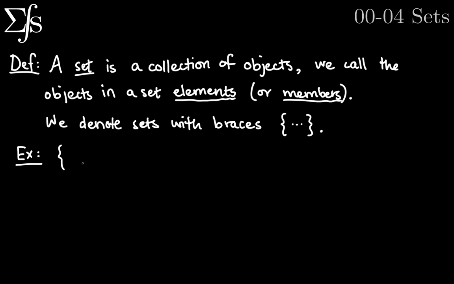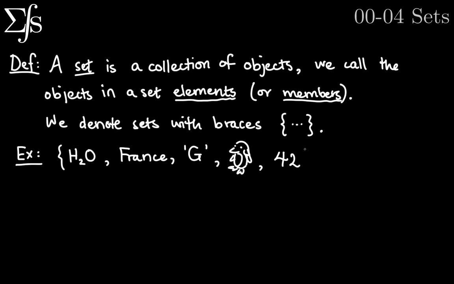So here's one set. This is the set containing H2O, France, the letter G, it contains a penguin, if I can draw a penguin, something like that, looks like a penguin, and it contains, let's just do one more, the number 42.